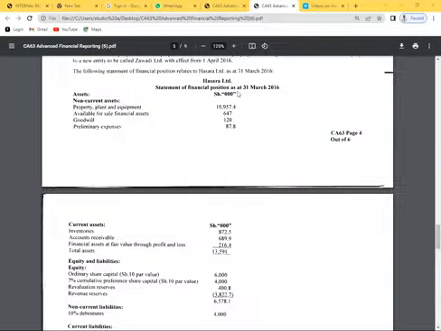Goodwill, thank you very much. Goodwill, preliminary expenses. So goodwill of how much? Goodwill of 120. They are the capitalized preliminary expenses.